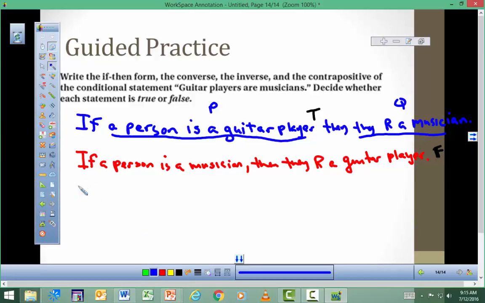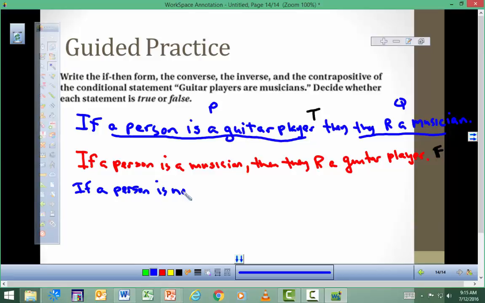So if a person is not a guitar player, then they are not a musician.